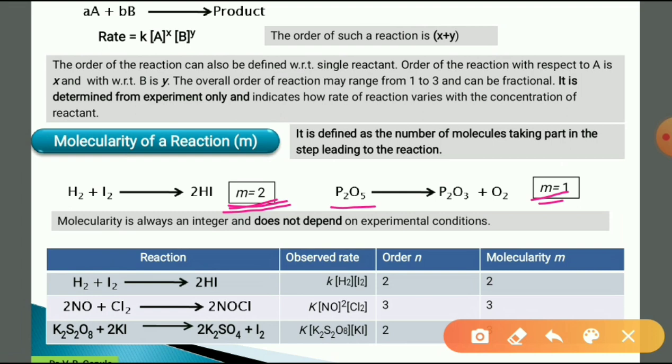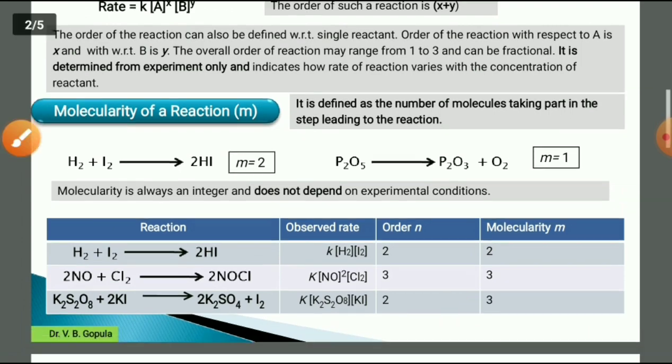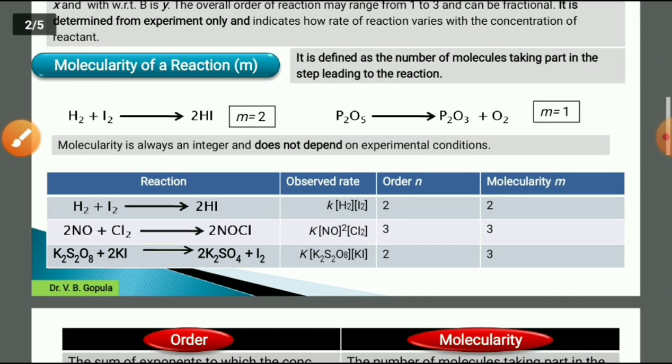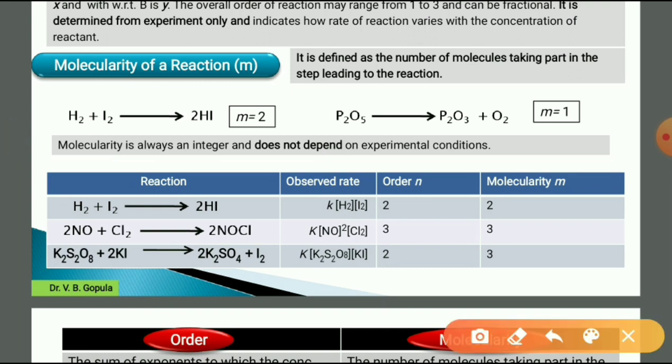Now let's see some examples. We will compare the order and the molecularity by taking examples. In the first example, H2 gas reacts with I2 to give two molecules of HI.